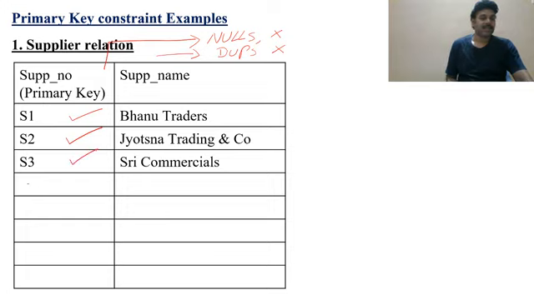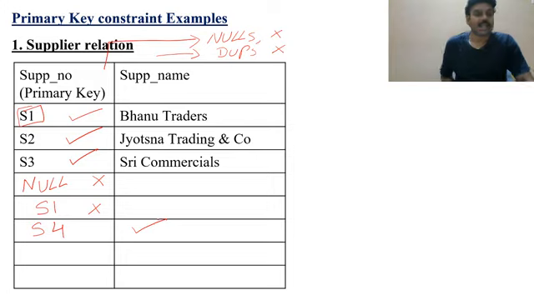S3 also unique, valid. Now if I am keeping a null in this, it is invalid. If I am keeping S1, it is invalid as S1 is already present earlier. If I am entering S4, then this is a valid entry as it is a non-redundant value.